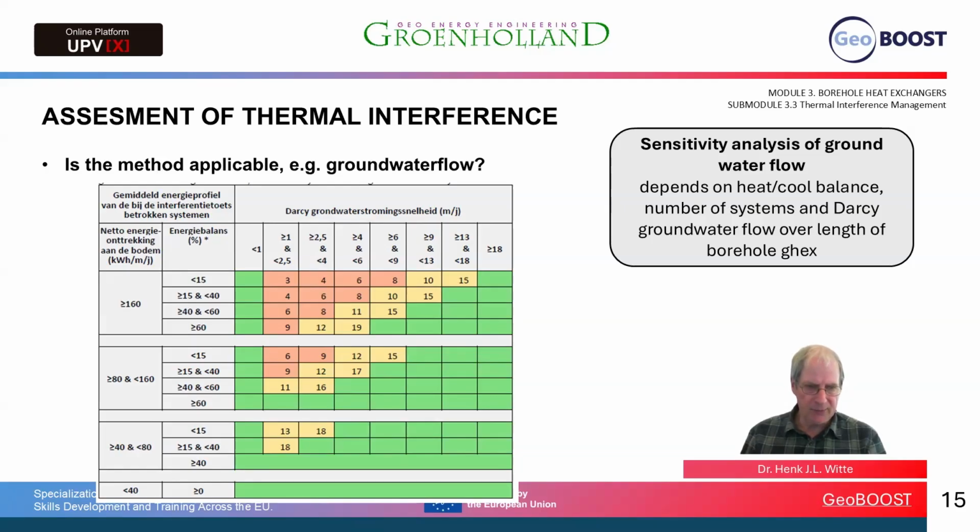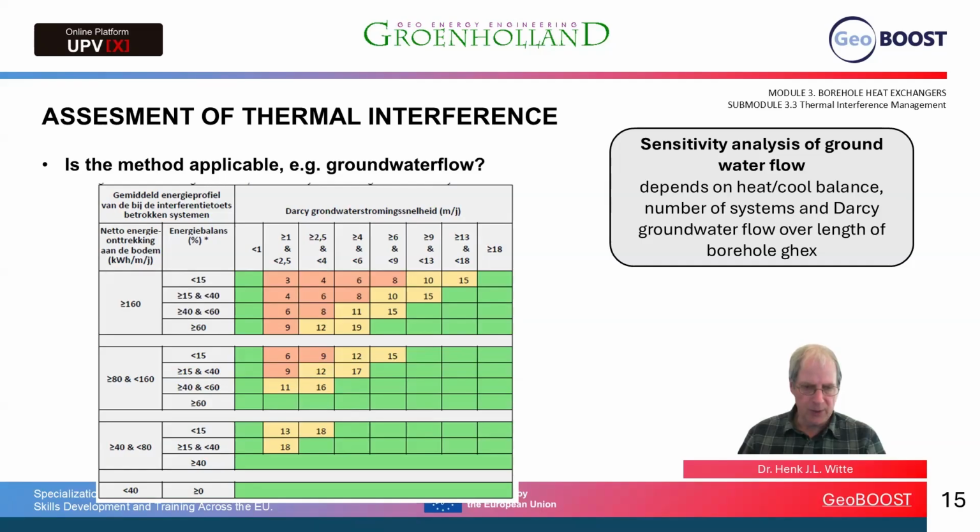So we calculate the average Darcy groundwater flow along the whole borehole heat exchanger, and then we look in this table for the specific heat extraction rate and energy balance and the total number of systems in the evaluation, whether we can or cannot use the simplified tool to calculate thermal effects between systems.